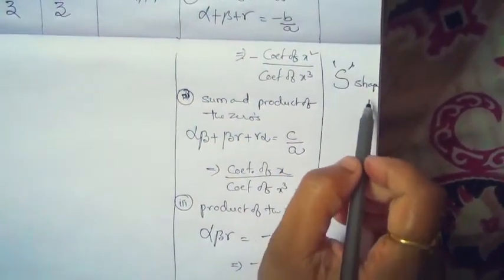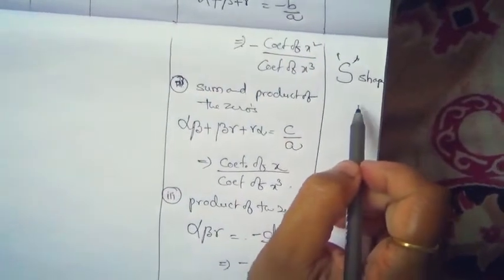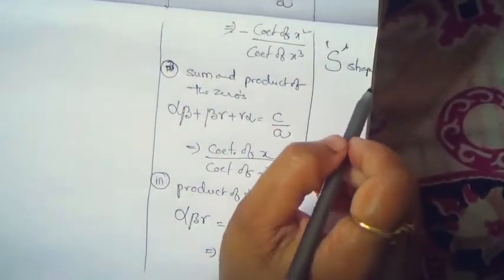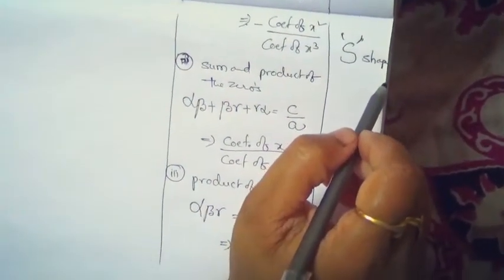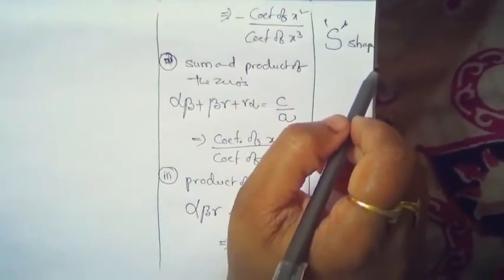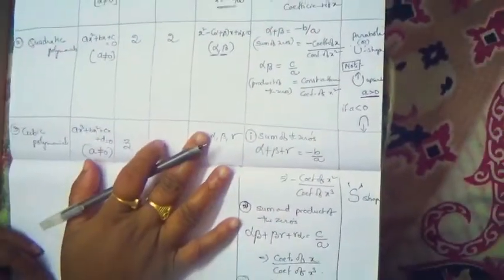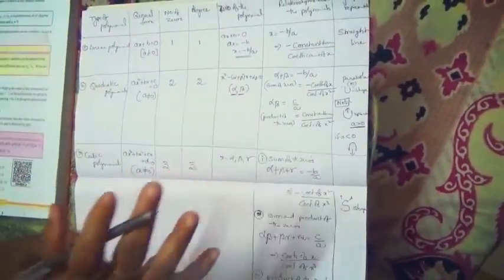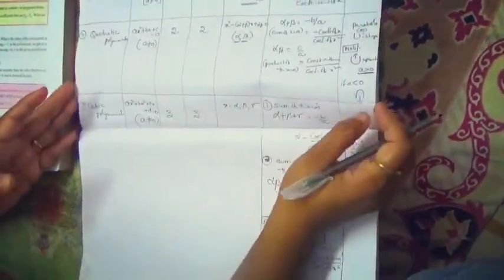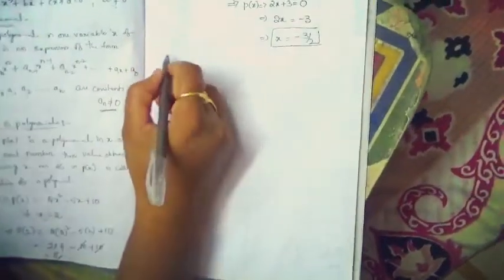You will get an S shape as the graphical representation for cubic polynomials. So it is a table you have to make in your notes. Just make your notes in a perfect way. The next topic is division algorithm.